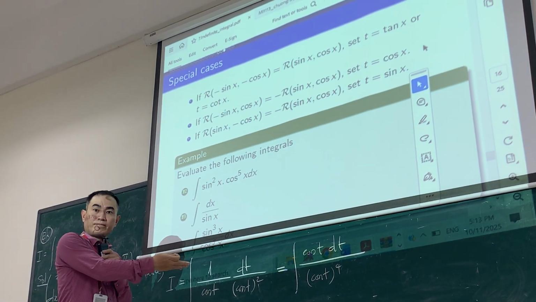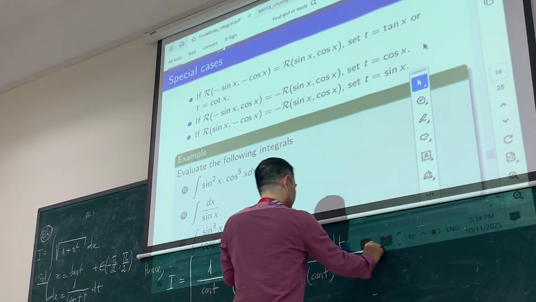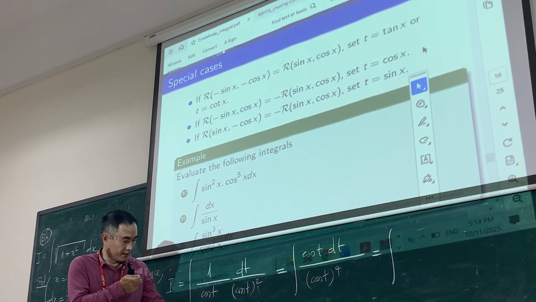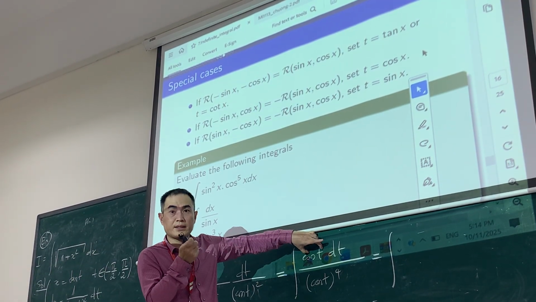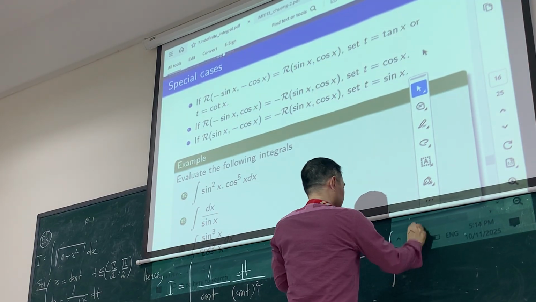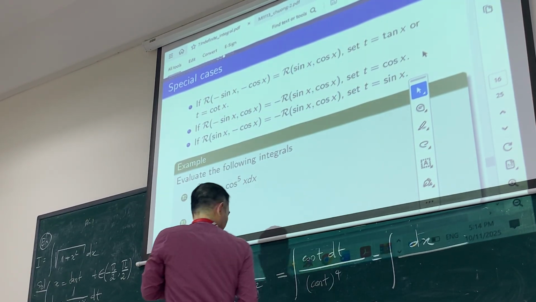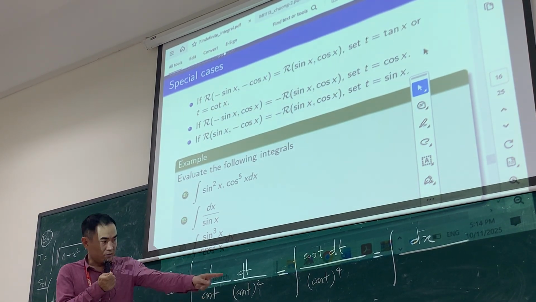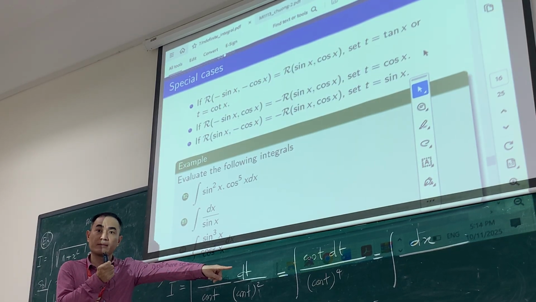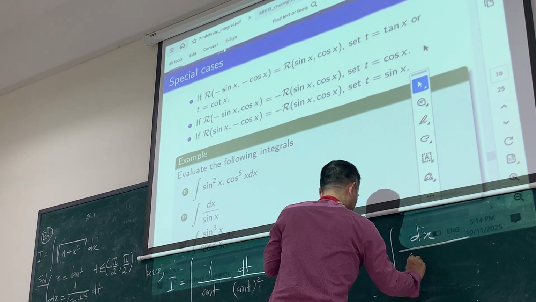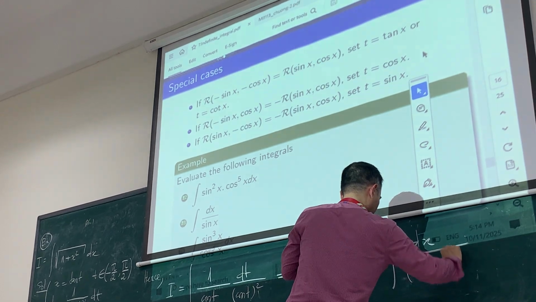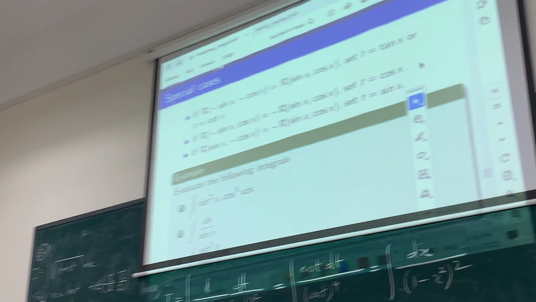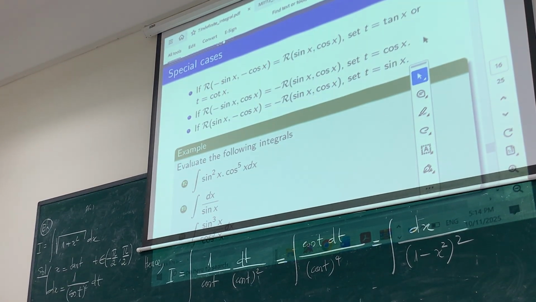In the numerator we have dx. Since x equals sin t, we have x squared is equal to 1 minus cosine t squared. Okay, now continue.